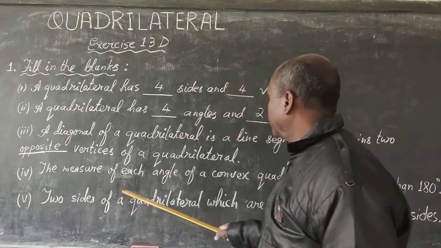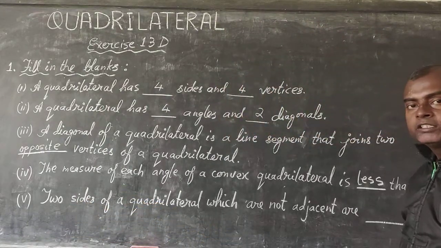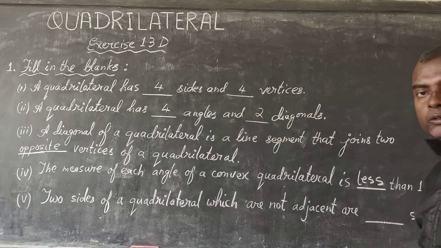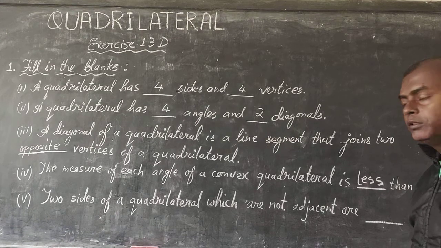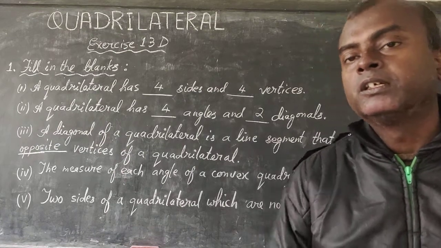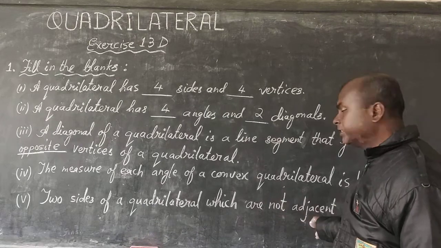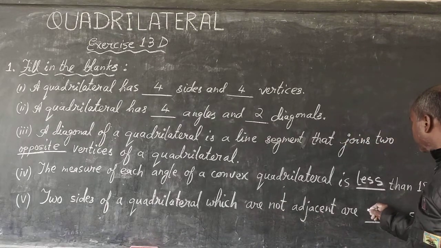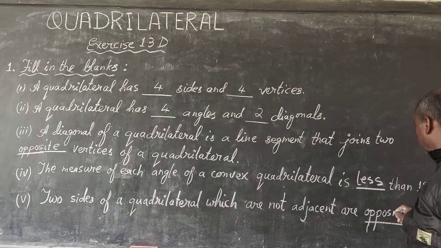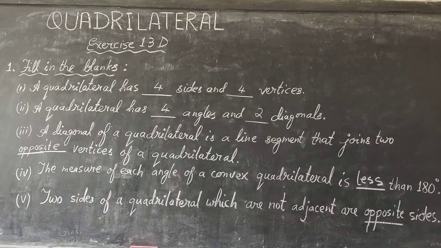Two sides of a quadrilateral, if they are not adjacent to each other, then what are they? You can go back if you don't know. Rewind this video and see that section where I was discussing opposite and adjacent. If they are not adjacent, then they have to be opposite sides.